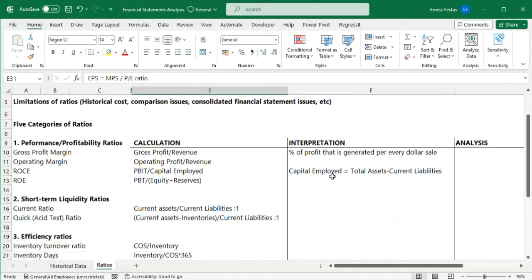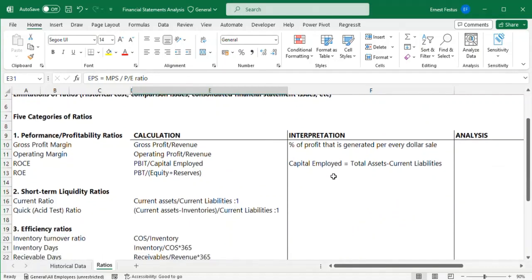And in the exams, you will be asked to analyze and interpret financial ratios. Now, less focus is usually given to the calculation, and much of the focus is on the interpretation and analysis.